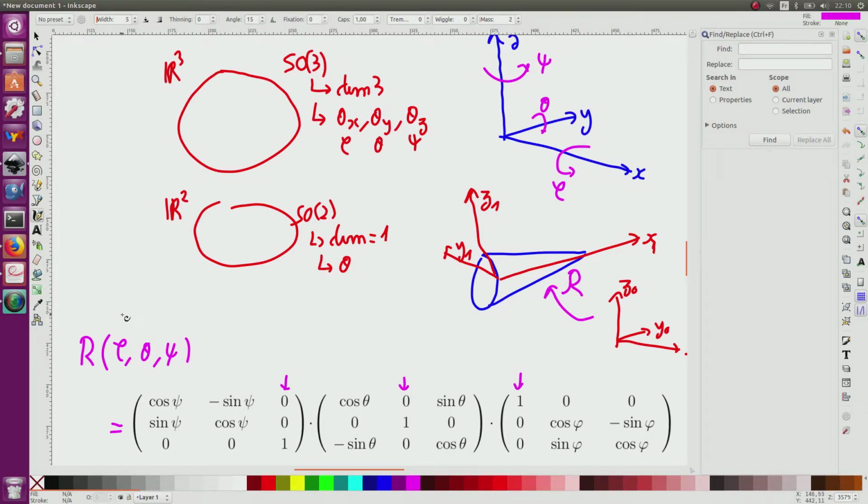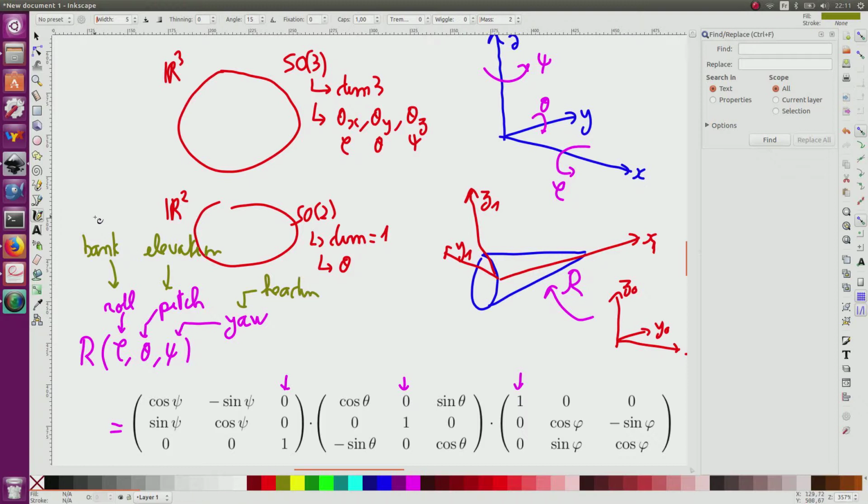Phi can be called the roll, theta the pitch, and psi the yaw. They can be considered as angles, but rigorously they correspond to variations of the Euler angles that are called the bank, the elevation, and the heading.